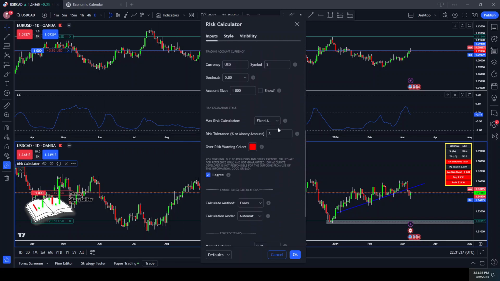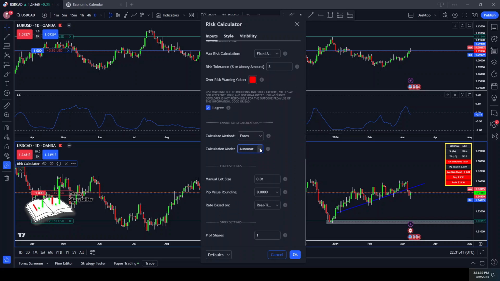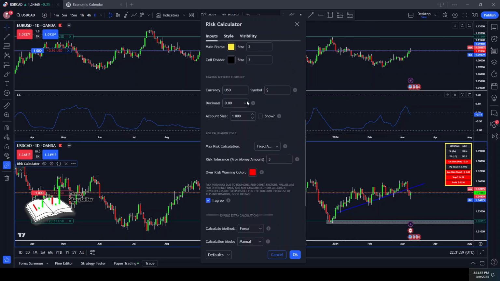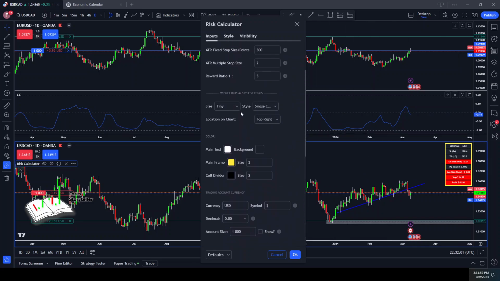Once you go through and set everything up, you could scroll down to the very bottom and set your lot size. It's only working in lots currently, but for example, if you were to do 1500, you could type in 0.015 and it will work out the units that way. It will accept that. And then I'll make it a little bit bigger so we can take a look at it.